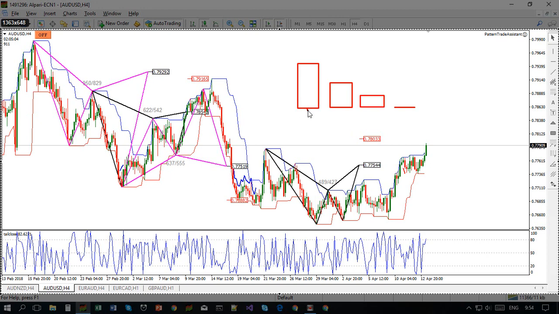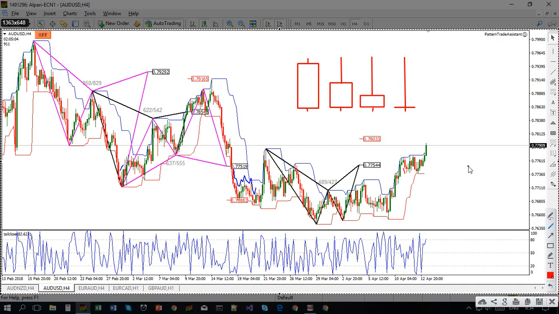They all have a very small downside, and the upside wick can be of different sizes. So these are powerful bearish candles.